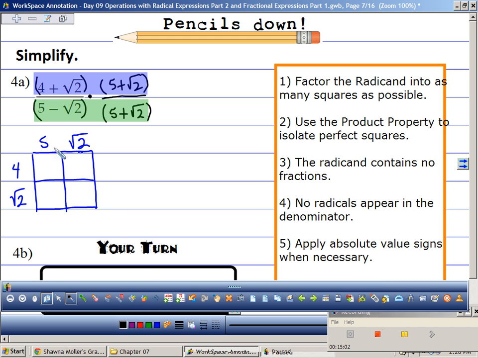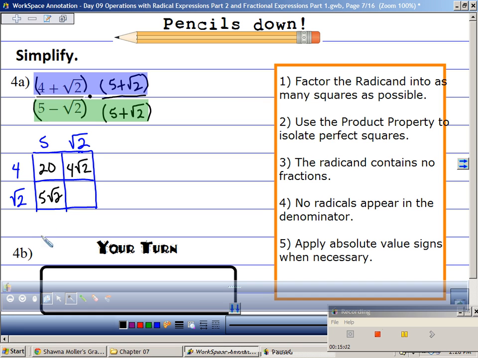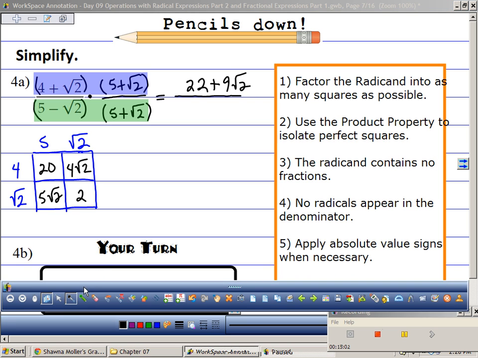So that's going to end up being 4 times 5 is 20. 4 root 2, 5 root 2. Isn't this easier? I can do it so much faster than the arrows. No, it's just me. Root 2 times root 2 is just 2. So that would be, in the numerator, 20 and 2 make 22, and 4 root 2 and 5 root 2 make 9 root 2. There's my numerator done.